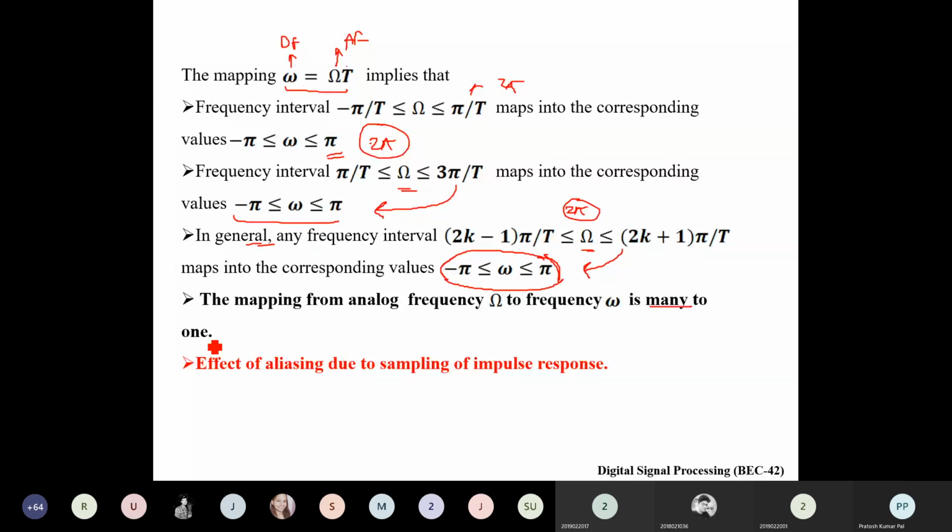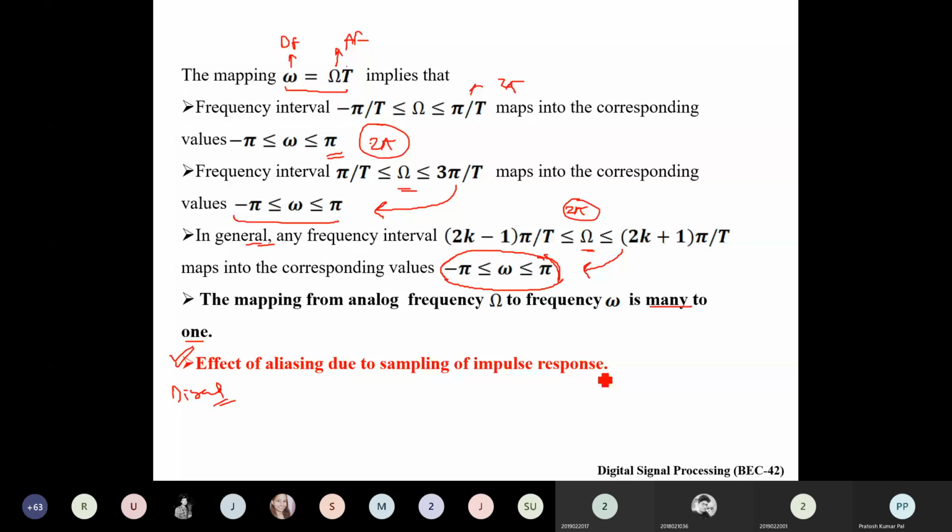The effect of this is a disadvantage of the impulse invariance method: aliasing due to sampling of the impulse response, because of the overlapping. After sampling we cannot have the exact value, so this affects the performance.